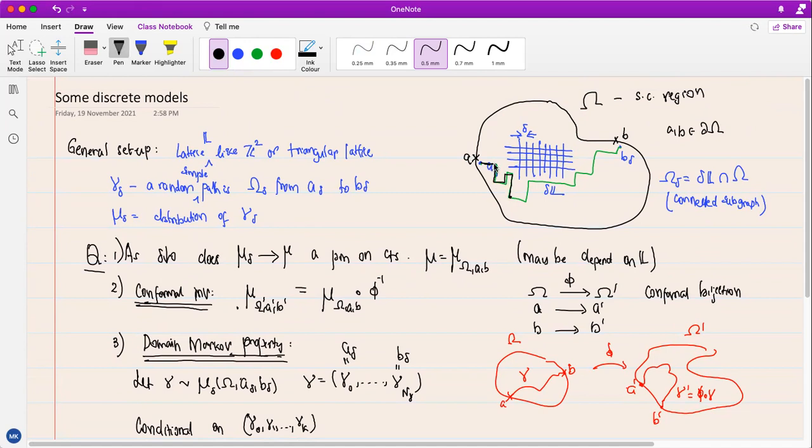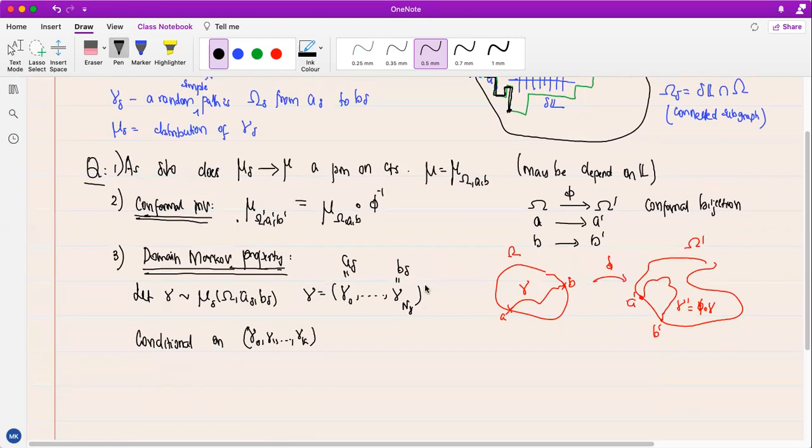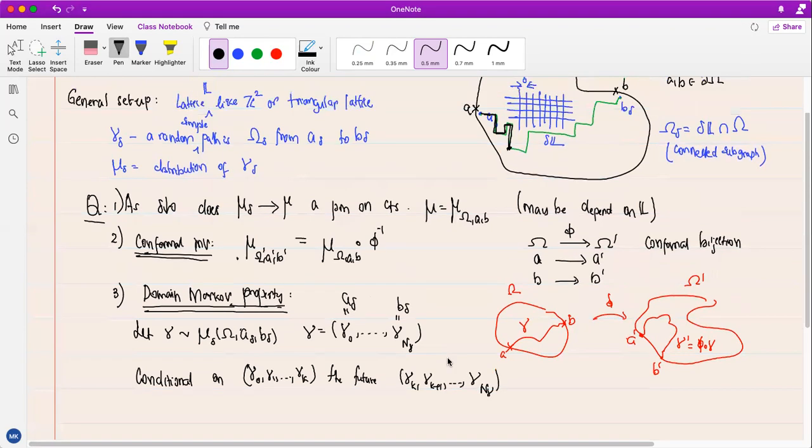Okay, let's say this part we have conditioned on. What remains? Conditional on this, the future path, let's call it gamma k plus 1 up to gamma sub n gamma.